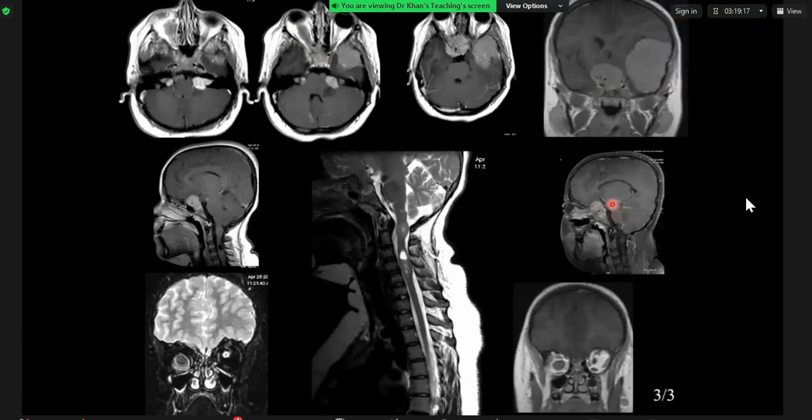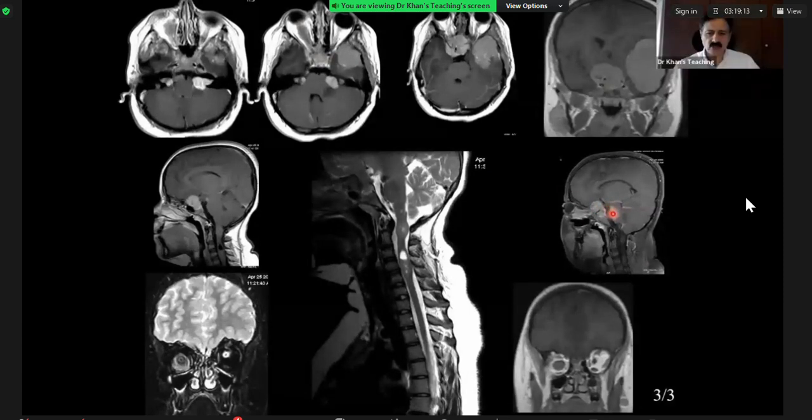Then there is a schwannoma of the third or the fourth nerve, as we have discussed. There is a long segment tumor here in the upper spinal cord with some cystic component, and this is in keeping with an ependymoma.